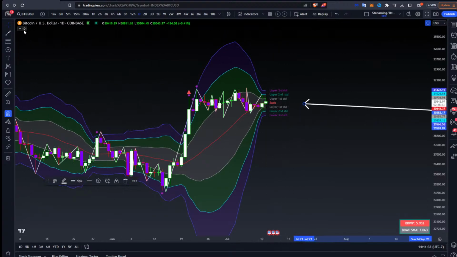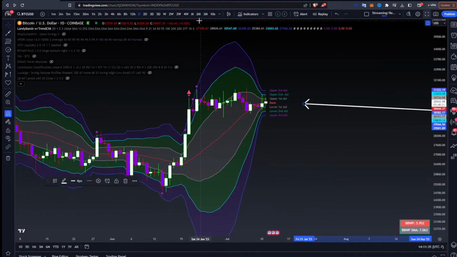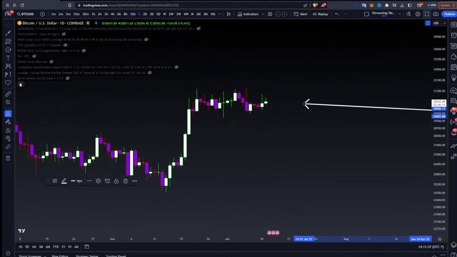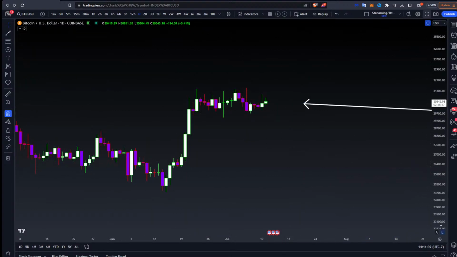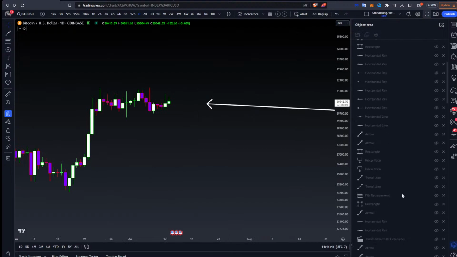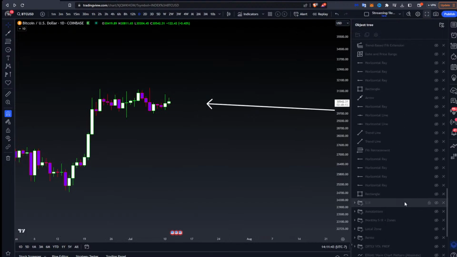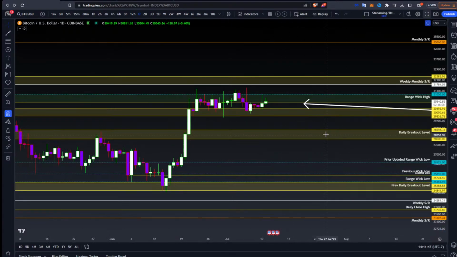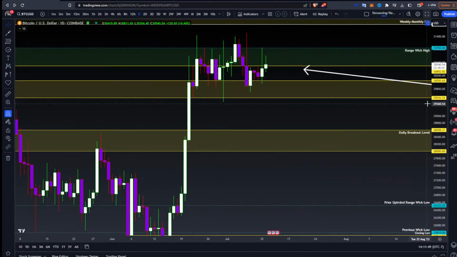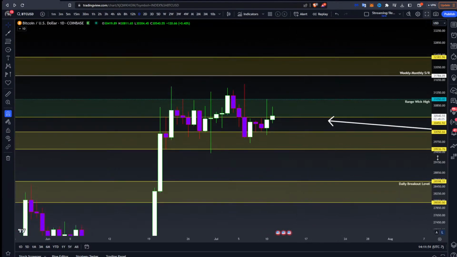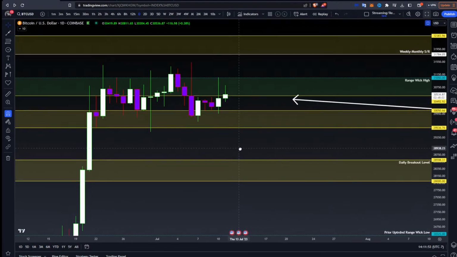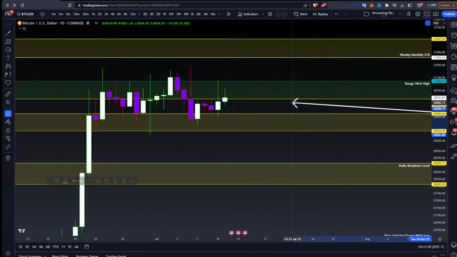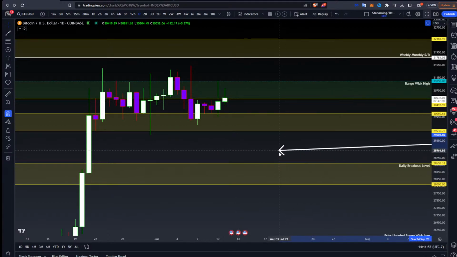So let's go ahead and turn some of this stuff off for a moment, and turn on support and resistance again. That'll be a little bit cleaner without the Bollinger Bands on here as well. So we've got the daily breakout level that I've called out for a long time.